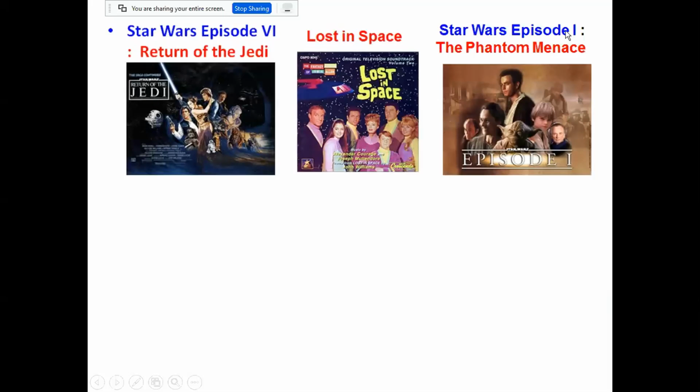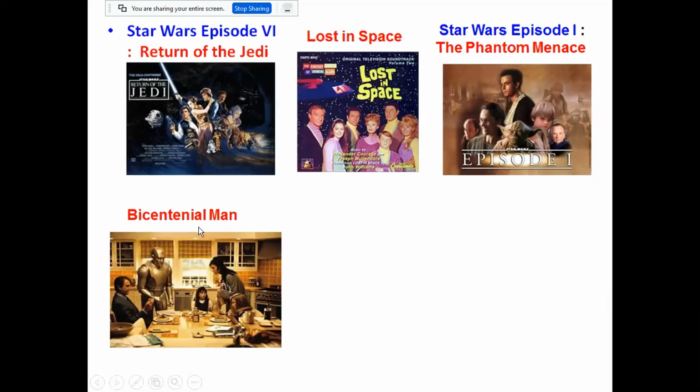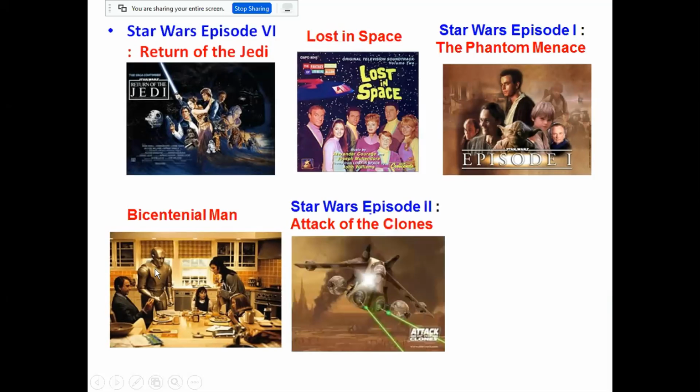Now we'll see Star Wars Episode 1, The Phantom Menace. Again, George Lucas. Then Bicentennial Man, with Robin Williams. Here you see the robot serving food to the family. How the robots are: head is there, body is there, easily resembling human beings, correct? That is what they have shown in the movie. Then Star Wars Episode 2, Attack of the Clones, directed again by George Lucas.